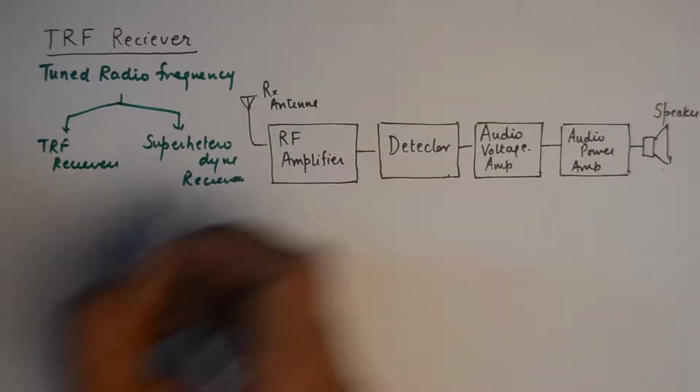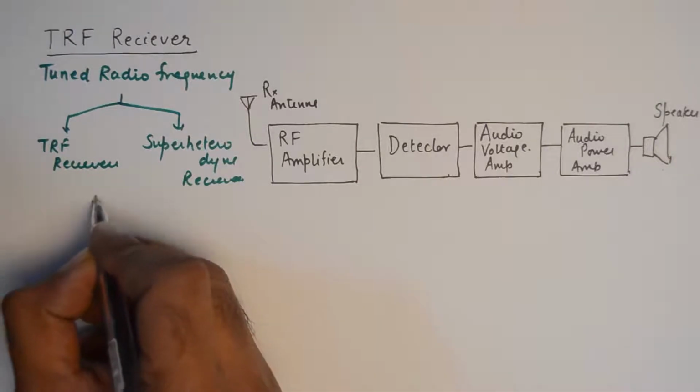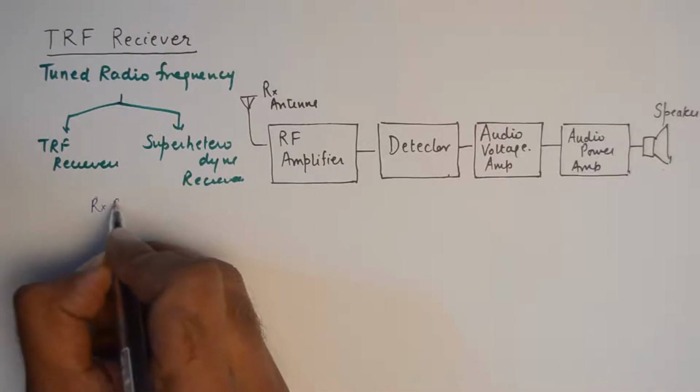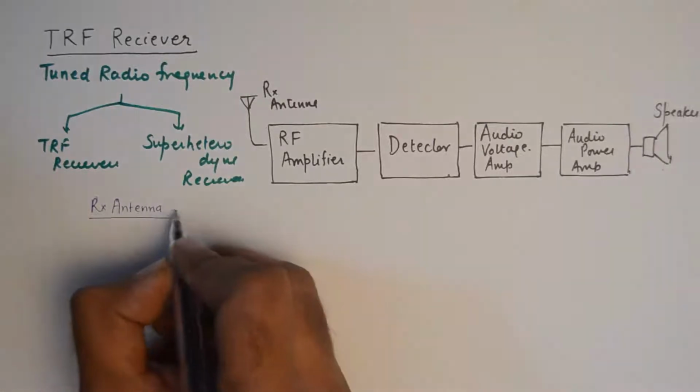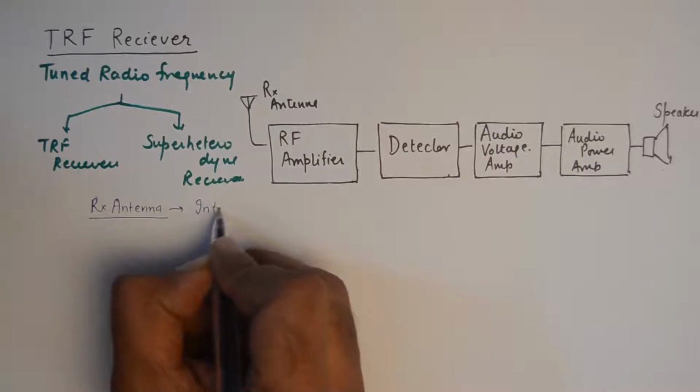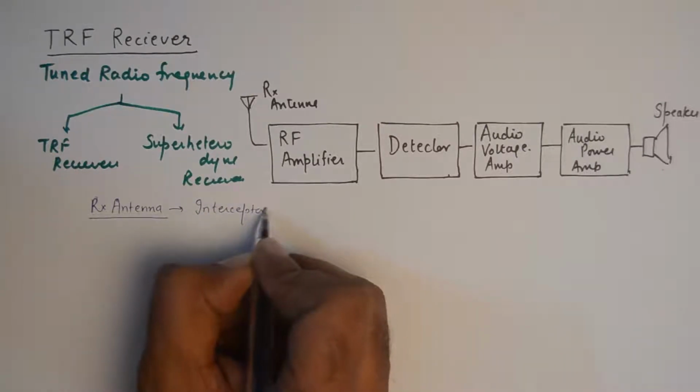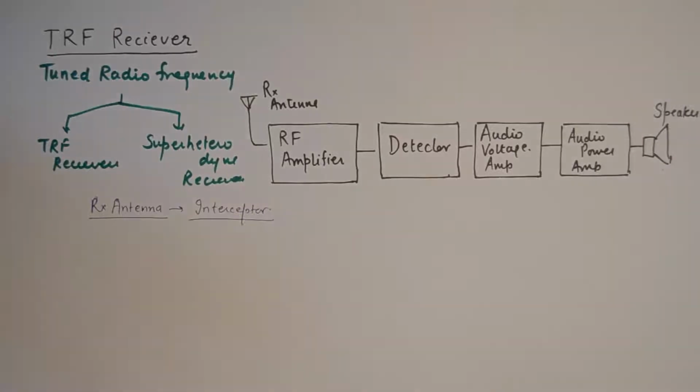The first section has the receiver antenna, and it does the job of an interceptor. Please understand, an interceptor is a conducting material which receives the electromagnetic wave and converts it into an electrical signal of the same frequency.